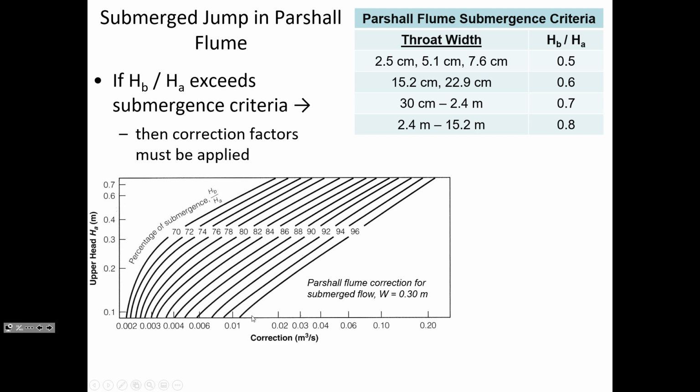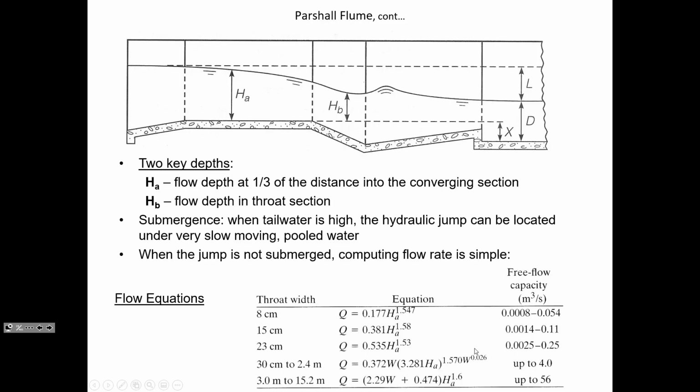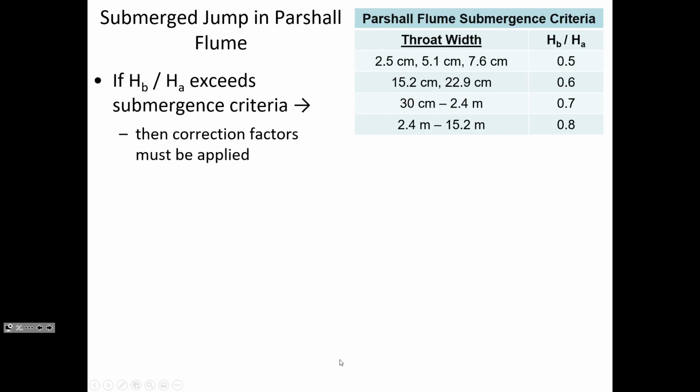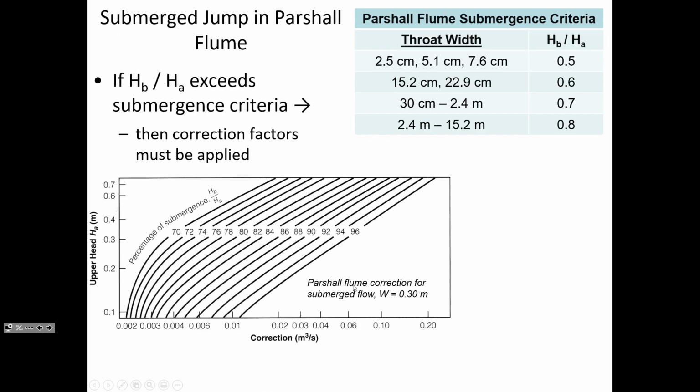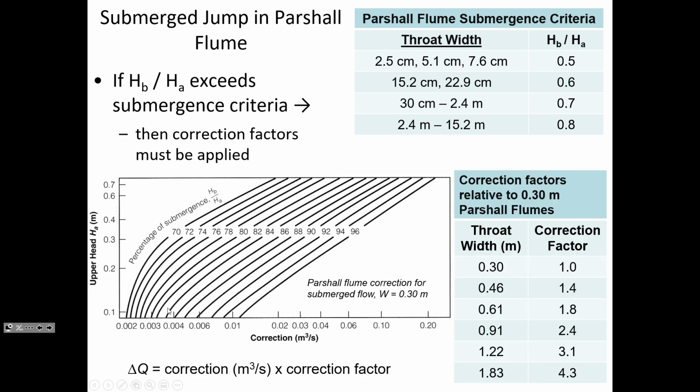read the correction. And so if we were doing the problem for a 0.3 meter wide flume, then I just subtract the correction from the flow rate that I'd calculated with this equation. If it is a flume of any other width, then for me to use this figure, I would have to then multiply by a correction factor on top of the correction that I look up.